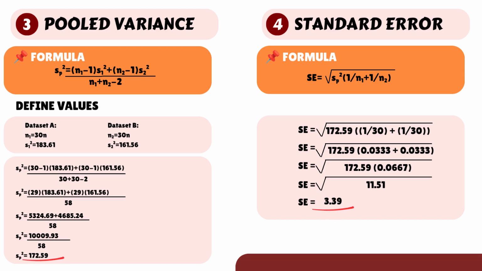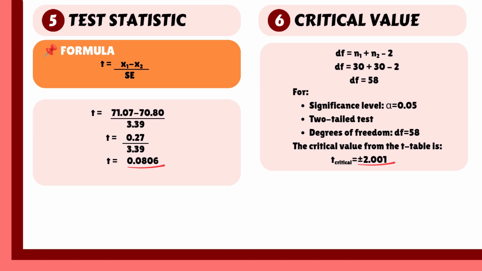Next we calculate the standard error. The standard error measures the variability of the difference between the two sample means. Once we substitute the values into the formula, we get the standard error, which is 3.39. Now we calculate the t-statistic. The t-statistic tells us how many standard errors the observed difference in sample means is away from zero.